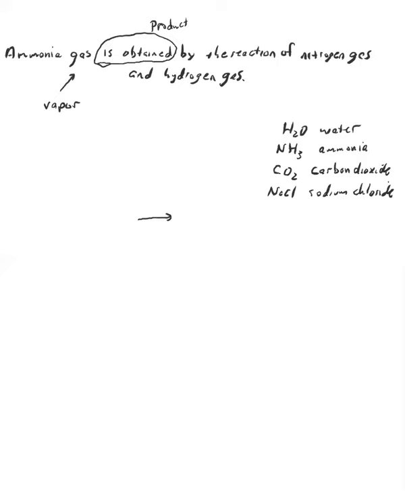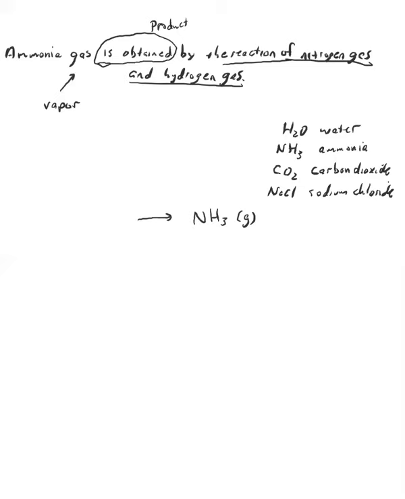So our product is NH3. And it is a gas, it's a vapor, so (g). And then we got nitrogen and hydrogen by the reaction of nitrogen and hydrogen. So those are the reactants, right? We're reacting nitrogen and hydrogen to make ammonia.